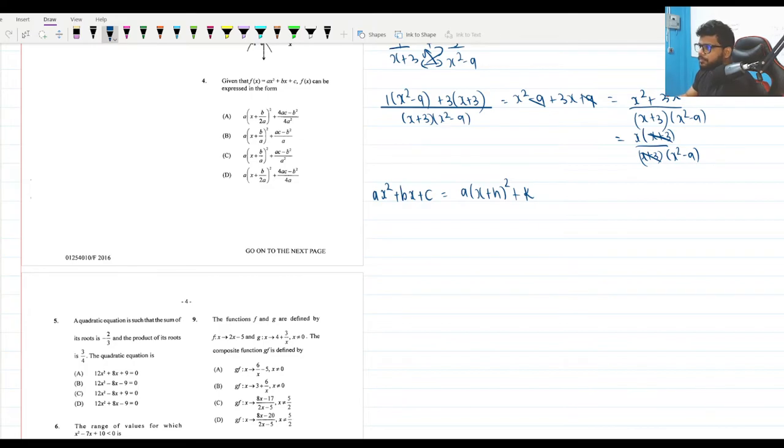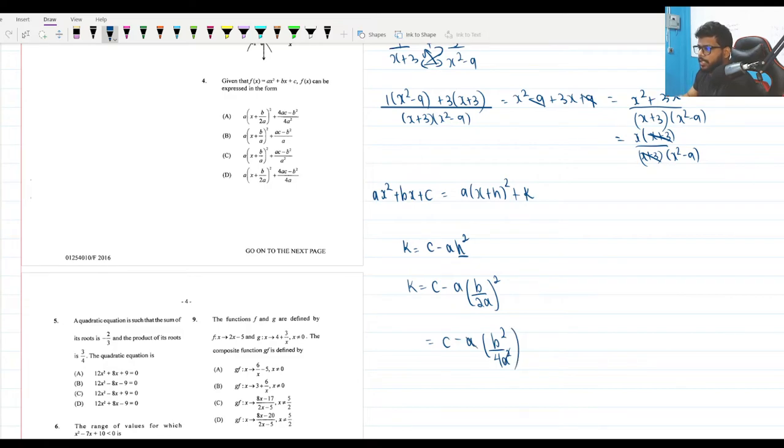Time to see. Now we know that k is equal to c minus a h squared. What is h? k is equal to c minus a into (b over 2a) squared. c minus a into b squared over 4a squared.